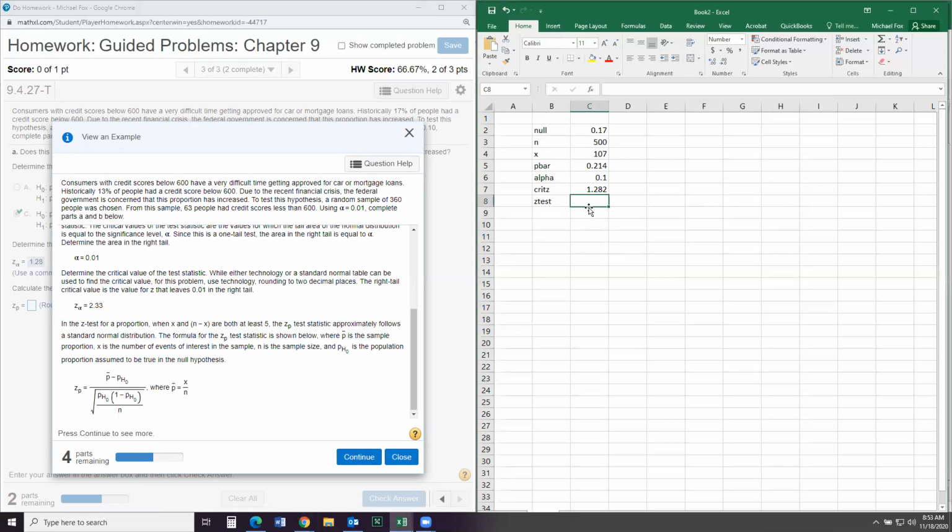So our z equals P bar minus the null, there's our numerator, divided by the square root of the null times 1 minus the null, divided by n.